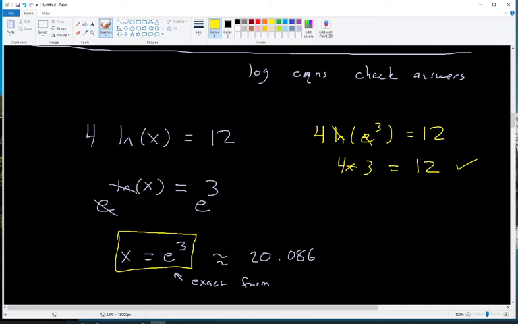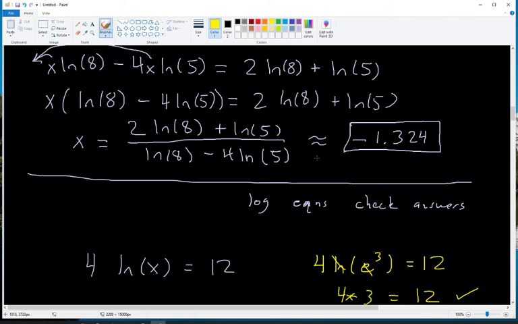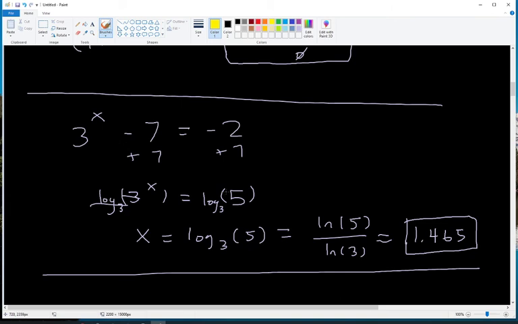Going back up, exact form on some of these exponential equations we solved. This right here would be the exact form for that example. Up a little bit further, this we could say is the exact form.